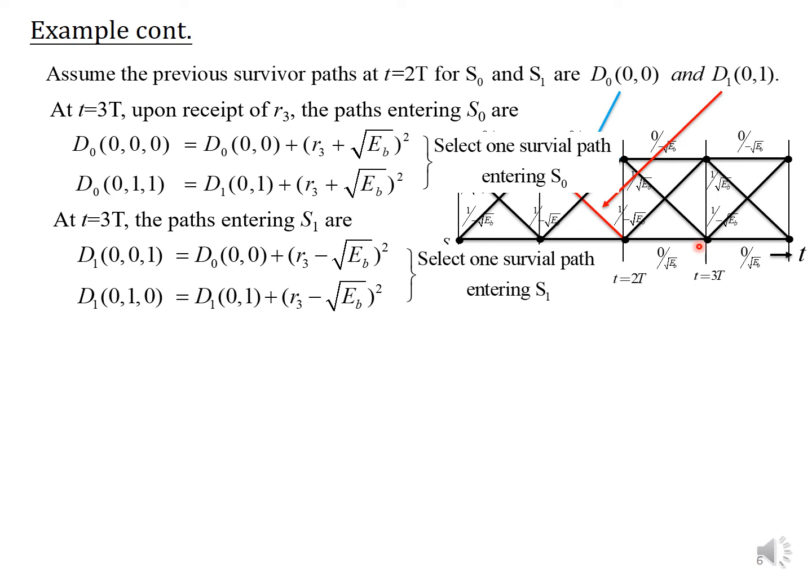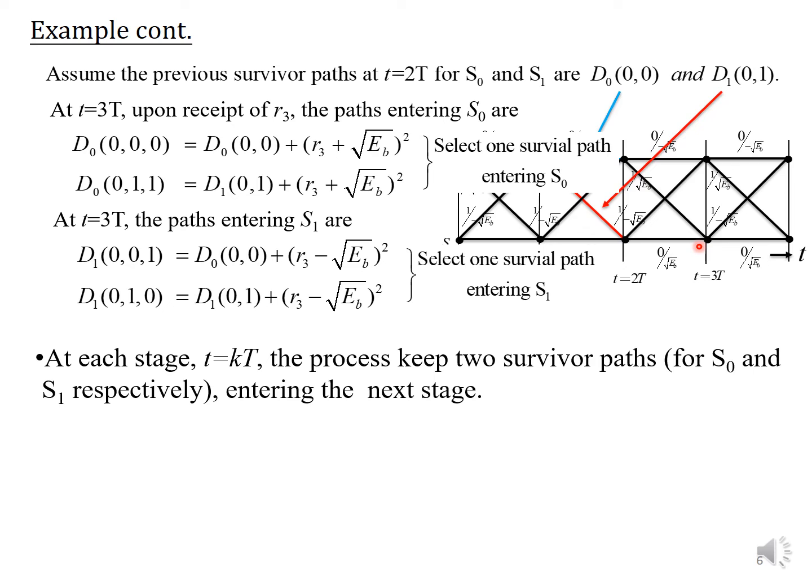In this way, it is like sliding window processing of all the possible paths. At each stage, when we have processed the transmission and received signals at t equal to kT, we keep two survival paths for S0 and S1 respectively, and then enter the next stage.